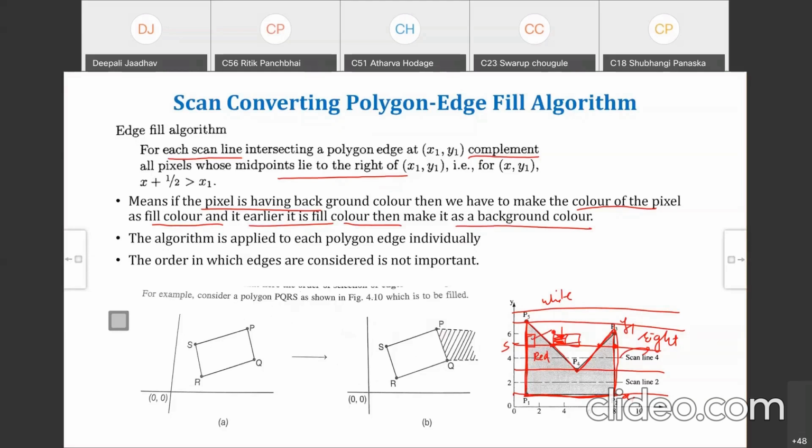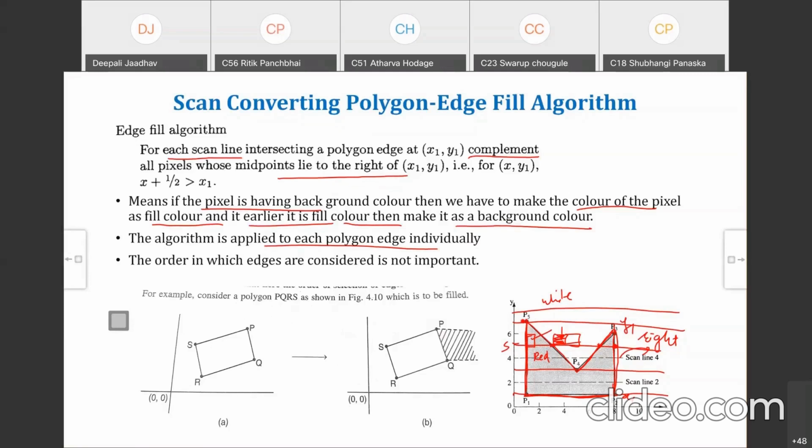The algorithm is applied to each polygon edge individually. You start with this edge, then this edge, then this edge, in this way. The order in which the edges are considered is not important. The person applying this algorithm can use any order of the edges, not necessarily a particular order.